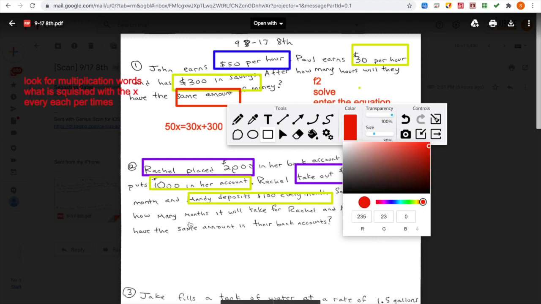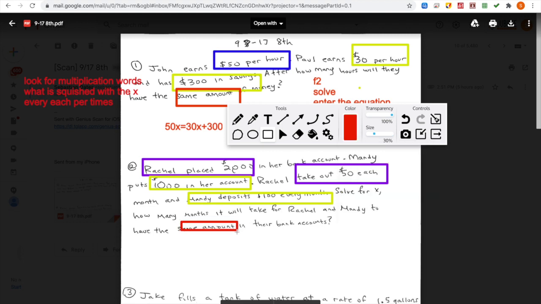So once again, we have this same amount, so that's going to be an equal sign. But we need to take a look at one more thing. Rachel takes out $50. So if you're taking money out of your bank account, should your bank account be going up or going down?